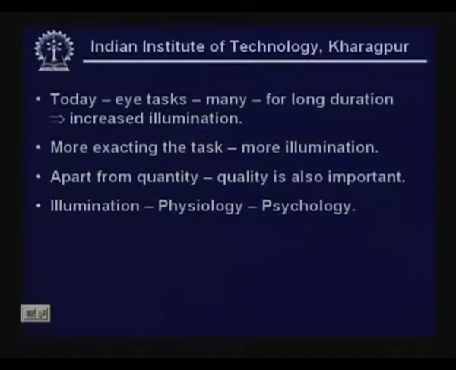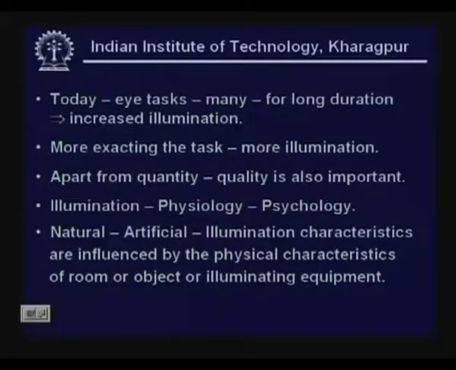Recall that information acquisition through eyes is the most important sense organ, and it plays not only on the physiology and psychology, the environment also is affected, and psychological requirements do play on emotions.